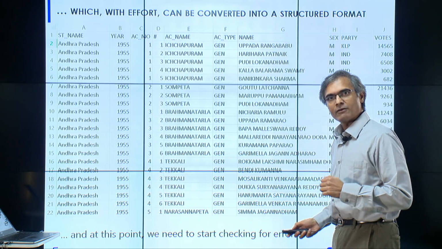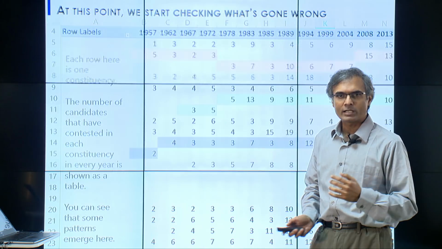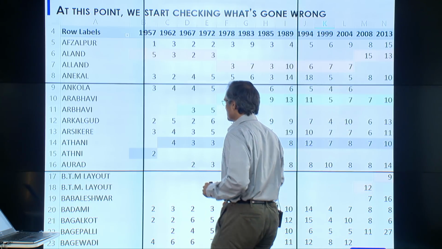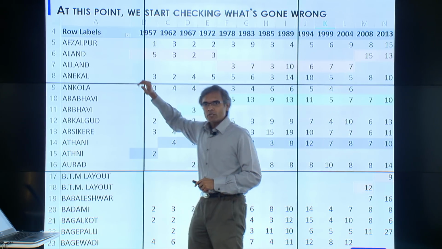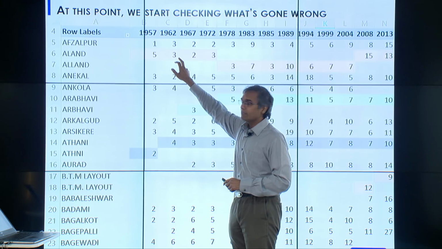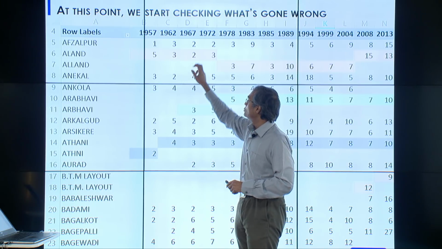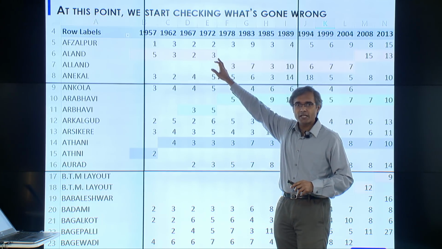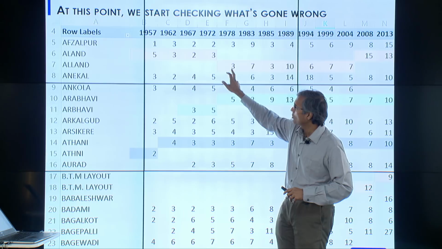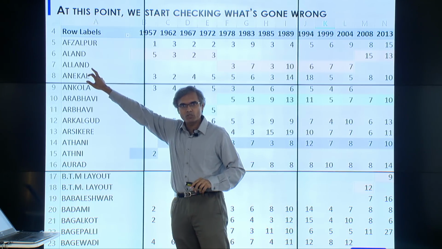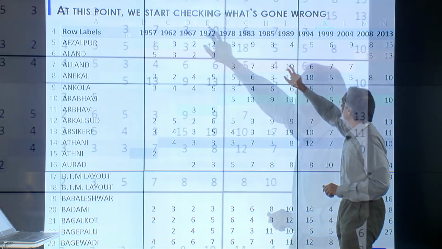Because then, for example, when you look at how many candidates stood for election in each constituency, you'll find that there is a constituency, Alan, in which there were 5 people standing for election in 1957, 3 people standing for election in 1962, and so on. And then suddenly in 1972 onwards, they stopped standing for elections, and suddenly there's another constituency, spelled slightly differently, but evidently the same constituency where people have been standing for elections.